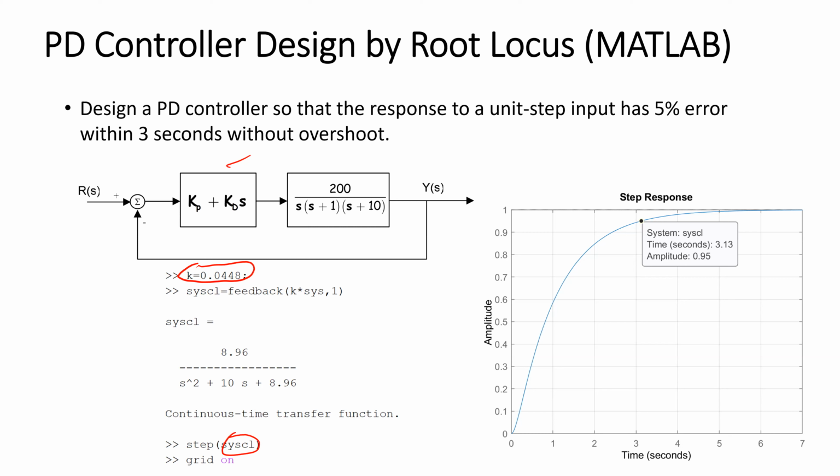In order to plot the step response, you need to use the closed loop transfer function. For the root locus, you plot the open loop transfer function. But in order to plot the step response to see the real response, you need to use the closed loop. I compose the closed loop by using the command feedback.